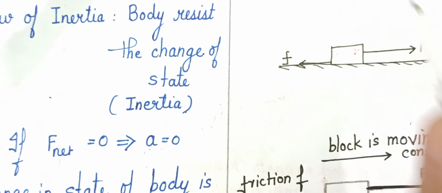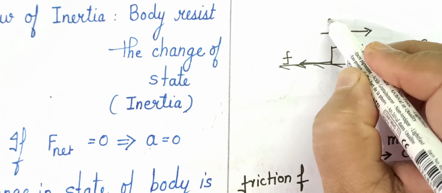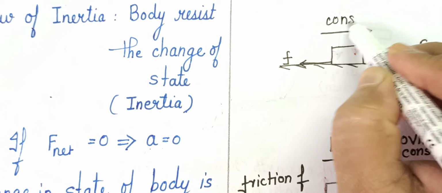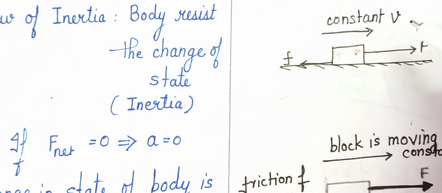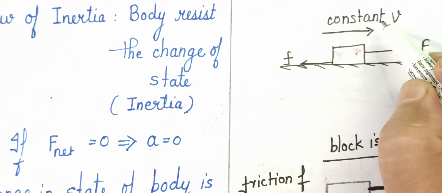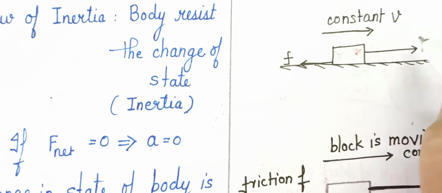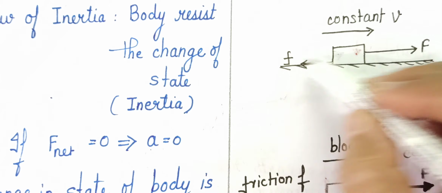And say that our observation is that this object is moving with constant velocity. Constant velocity means neither its magnitude is changing nor its direction is changing.